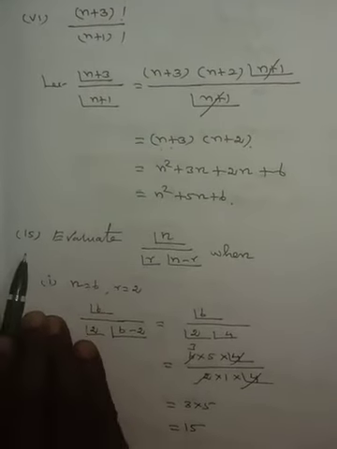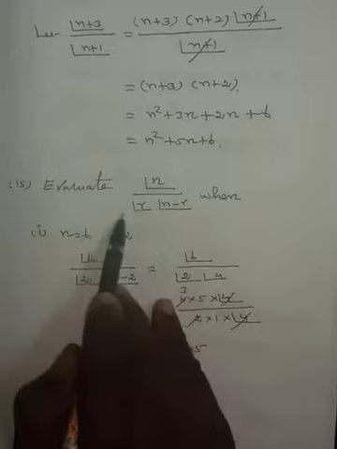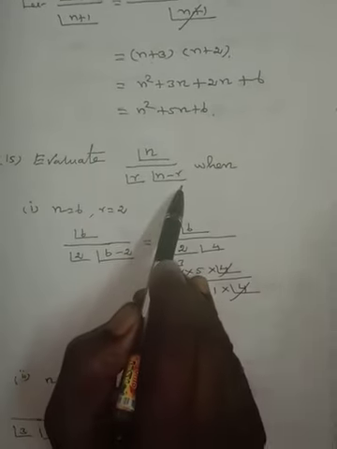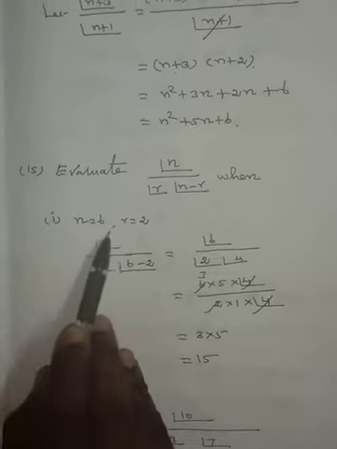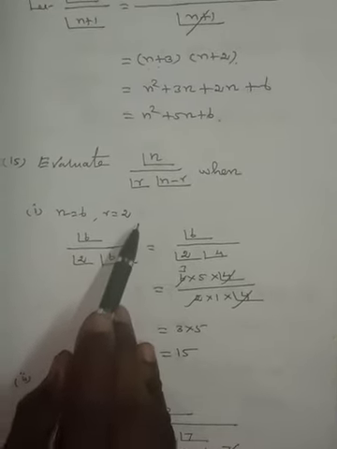Sum number 15. Evaluate n factorial divided by r factorial into (n minus r) factorial. Case number 1: n is equal to 6 and r is equal to 2.